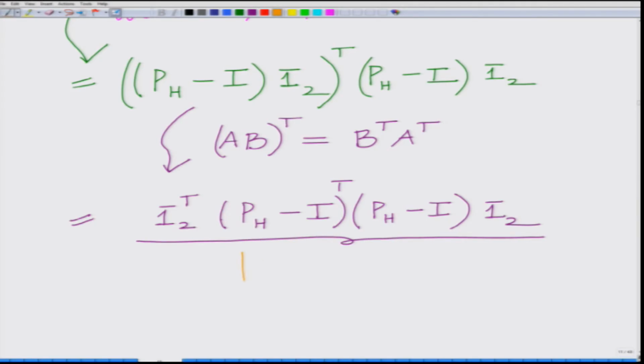This is nothing but the norm of PH times 1 bar 2 minus 1 bar 2 whole square, which is your approximation error.